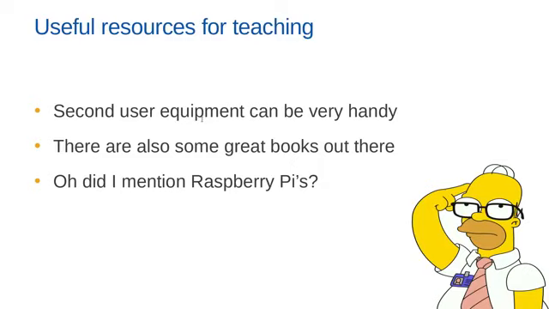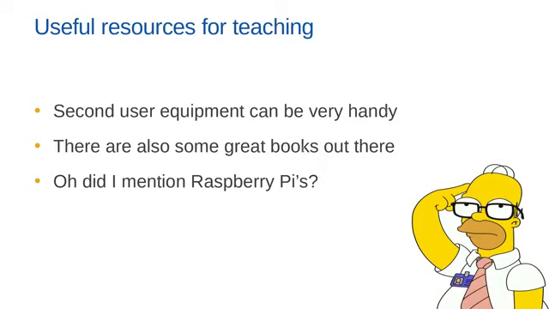Useful resources. Second user equipment can be handy. Well, that's probably a bit of a leftover from the CCNA 2 slides. True though, second user resources can be handy. You can pick up cheap routers and cheap switches, although firewalls do tend to still be rather expensive.